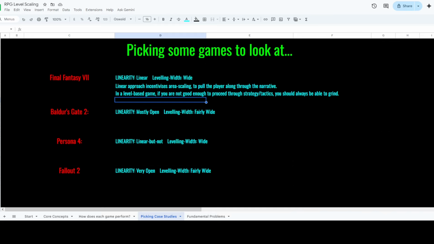The entire genre owes a lot to that logic, that if you are finding the game too hard, you should be able to make it easier by picking up some levels, and you should be able to pick up those levels from fights that are relatively easy to get to.